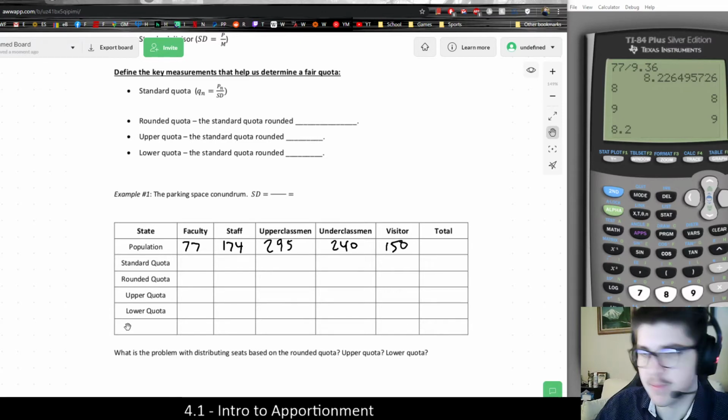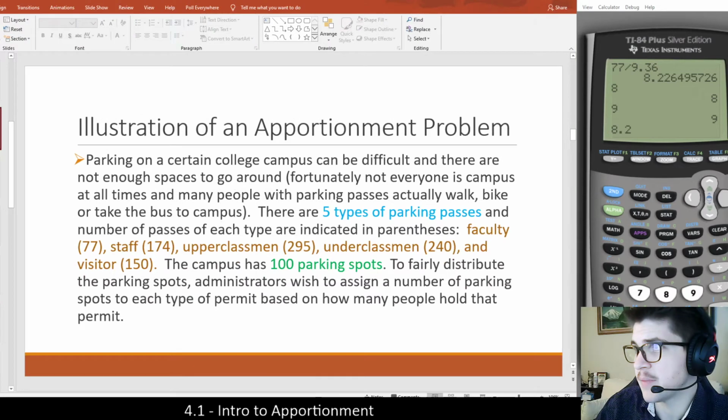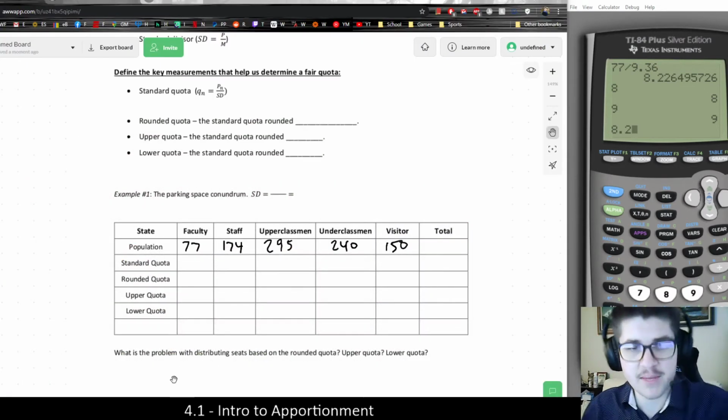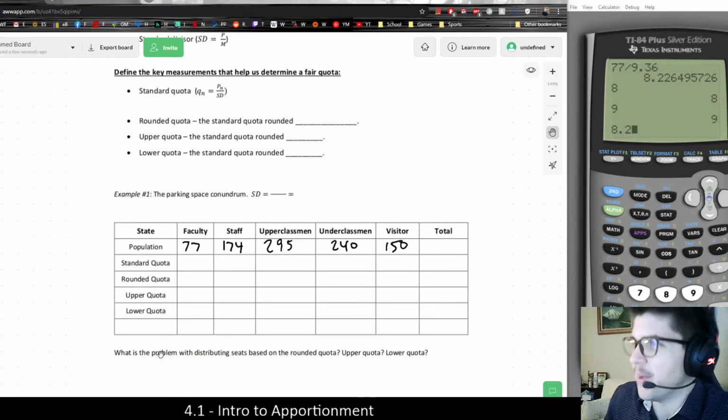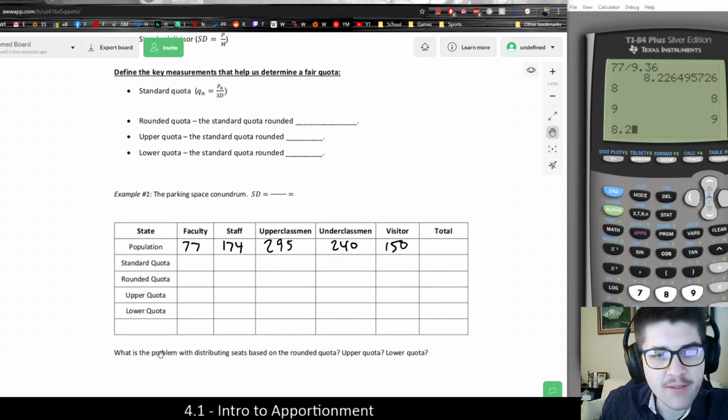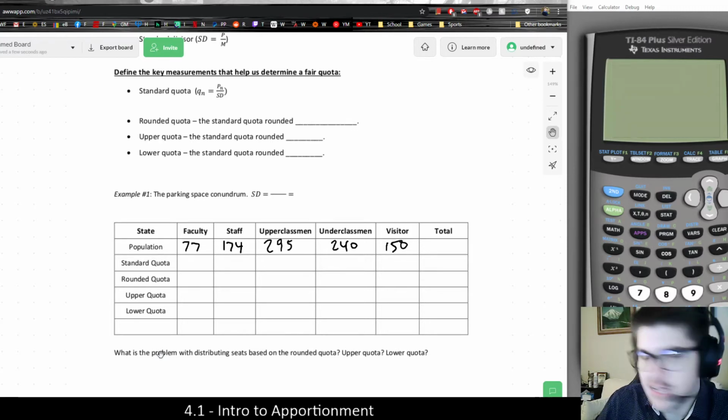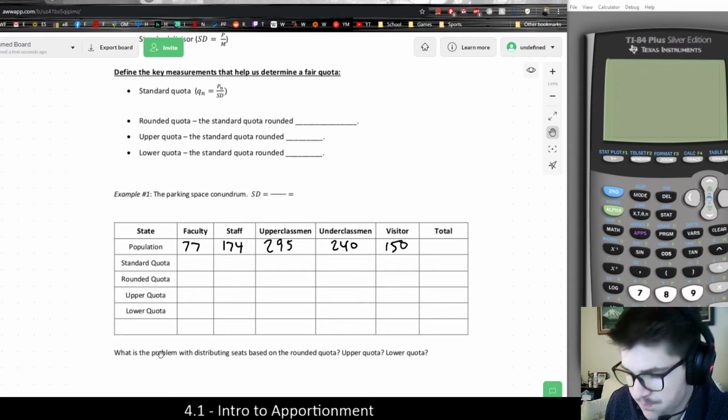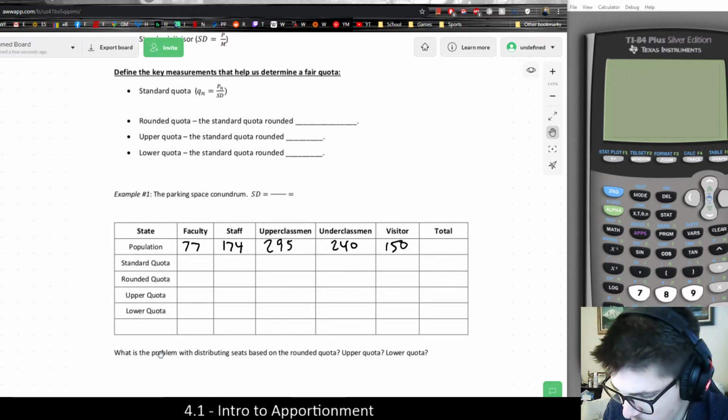Let me just double check, make sure I got all those right. Not that it really matters if I mess this up because this is just an example anyways, but cool. So we have the individual populations of each of our different states. And then the total was also important, which was 936.